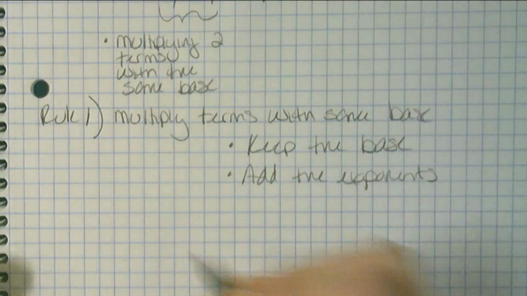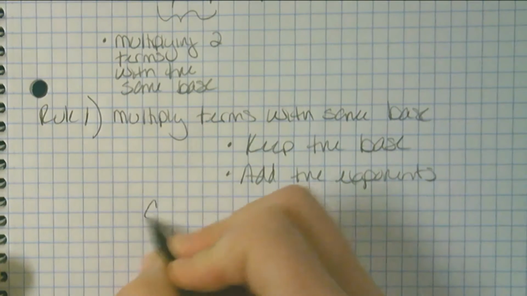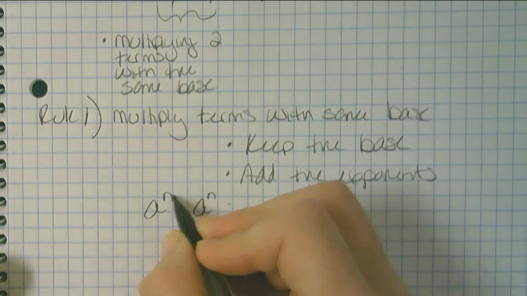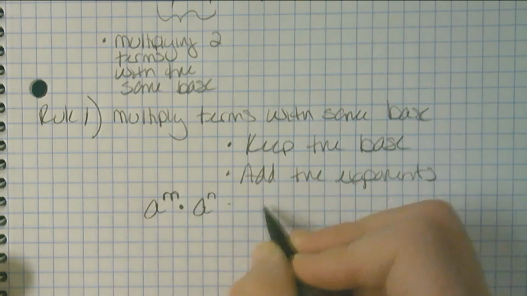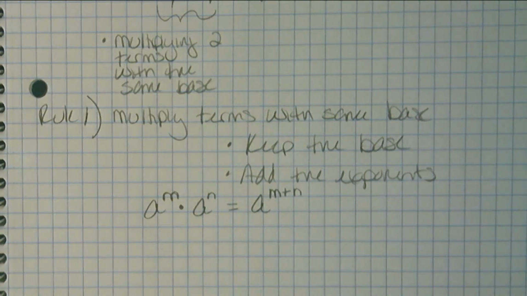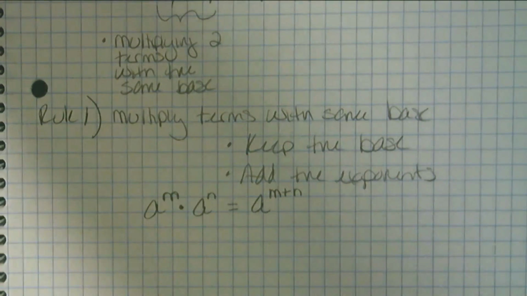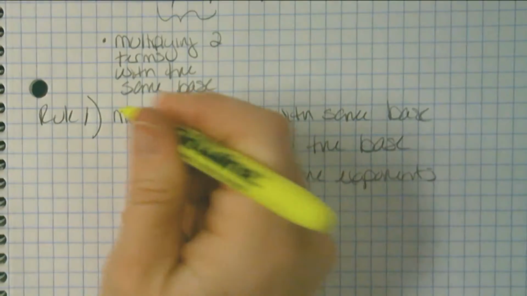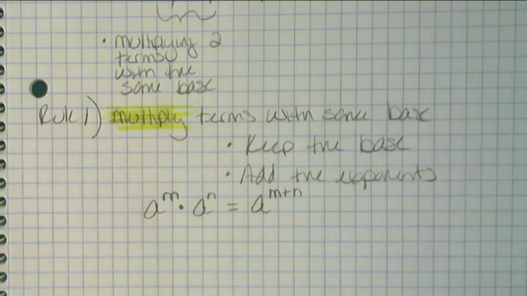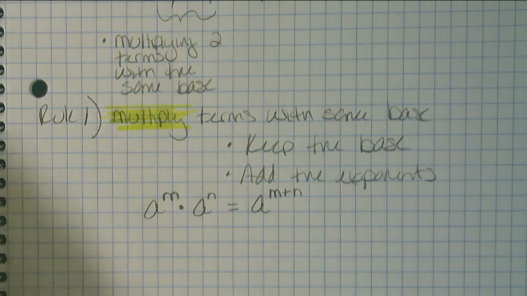So if I was to write a generic formula, I have a to the m times a to the n is equal to a to the m plus n. All right, and this only works because we have multiplication. Okay, it's because we are multiplying. If we were adding, it does not work. This is because we are multiplying.